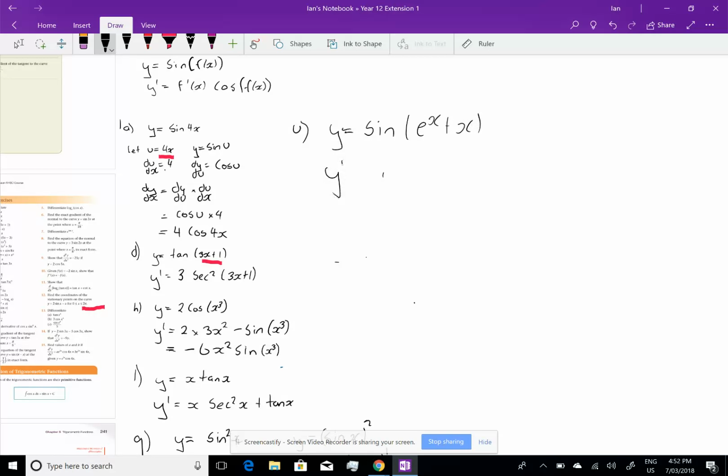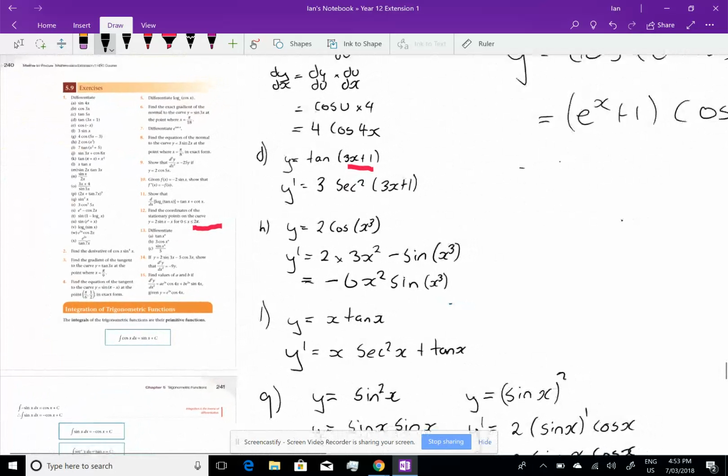Well, again, y dash is cos of e to the x plus x, times the derivative of what's inside, which is e to the x plus 1. So y dash is e to the x plus 1, which I should have put out the front from the beginning, times cos of e to the x plus x. You could expand that. I'll just check, see if Margaret did that. No, she didn't. That's easy.